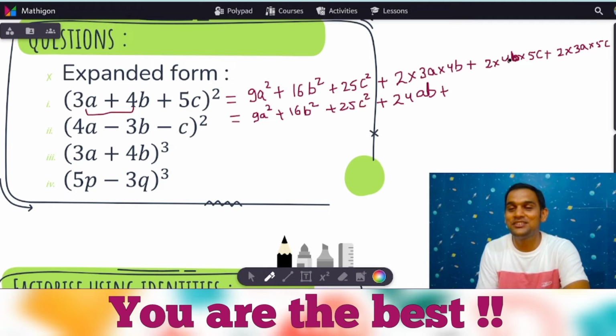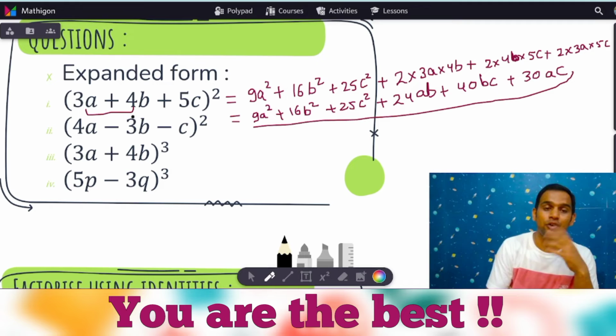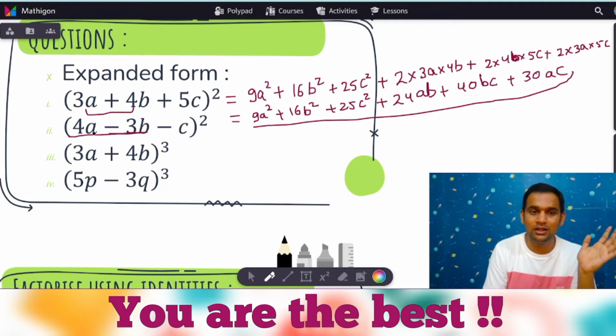So 2 times 4 is 8, 8 times 5 is 40bc, plus 2 times 3 is 6, 6 times 5 is 30ac. And that is all we have as the expanded form for this particular question. Similarly, you can do this question as well for the formula which we found for x minus y minus z to the whole square. You can do that.